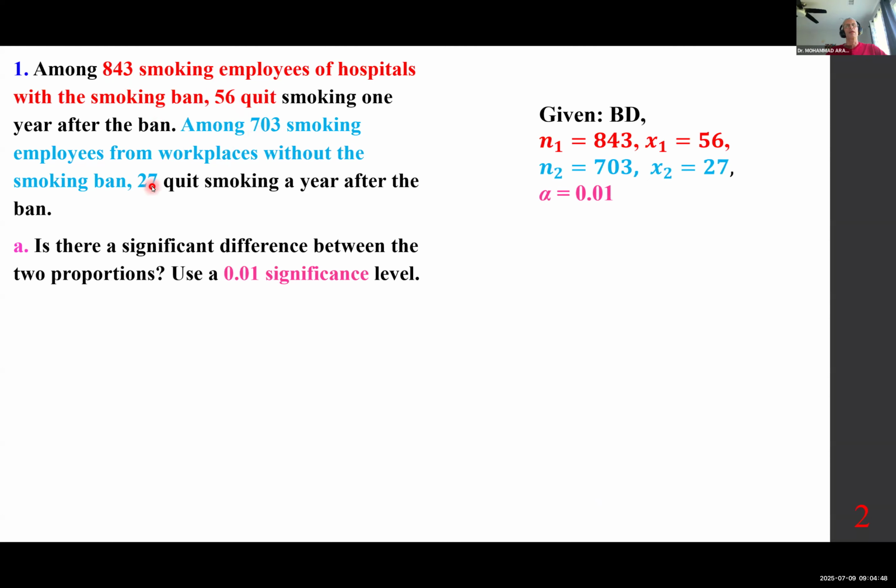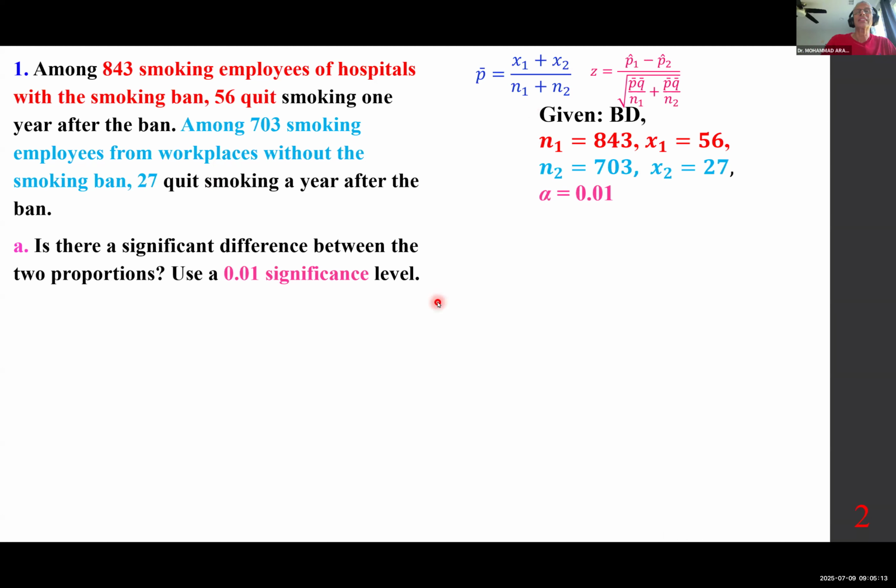Now, we all remember P hat was X over N. So in this case, P1 hat would be X1 over N1, P2 hat would be X2 over N2, and so forth. We also have something called P bar, which is X sub 1 plus X sub 2 over N sub 1 plus N sub 2.